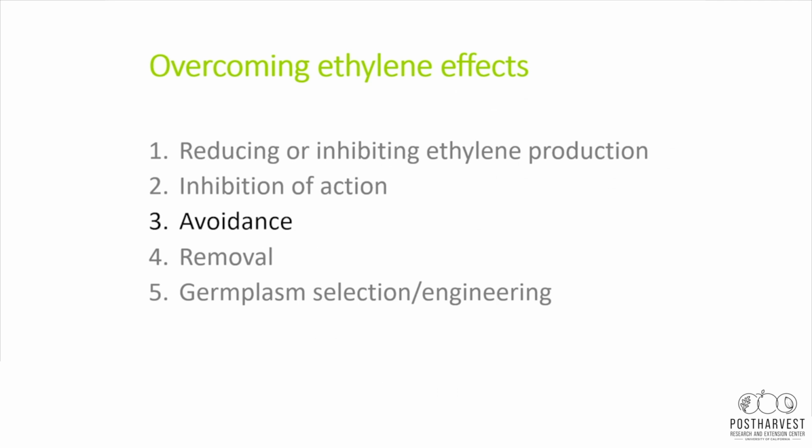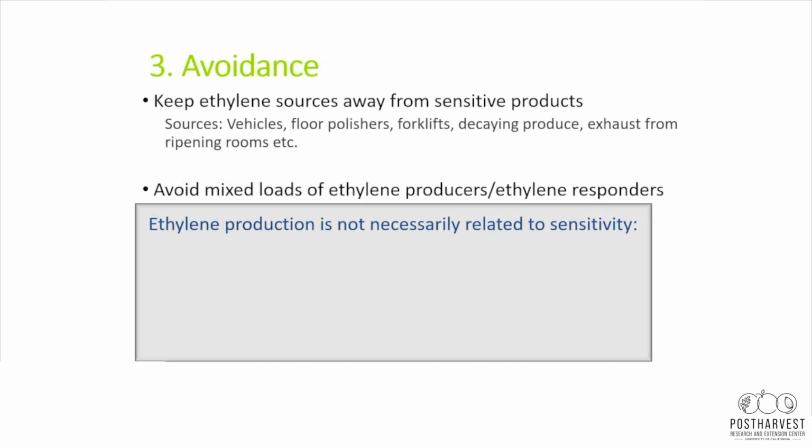How can we overcome the ethylene effects? Another way is to avoid ethylene, and that's also very important. You want to keep ethylene sources away from ethylene-sensitive products. As I said earlier, vehicles, floor polishers, forklifts that are not battery operated, decaying products, and exhaust from ripening rooms are issues that can cause high ethylene amounts in your distribution center.